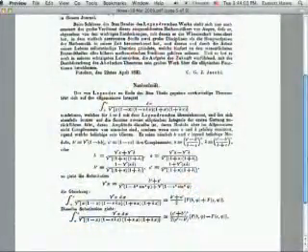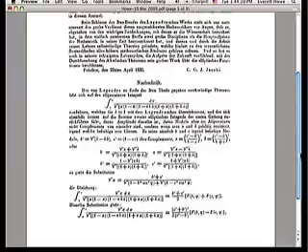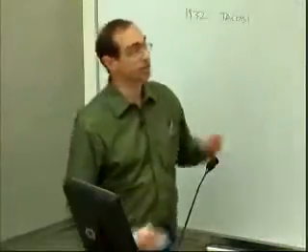But in a postscript to his book review of Legendre's paper, Jacobi says, actually, this family of integrals that Legendre considers can be generalized. So maybe I will turn this off for a minute.